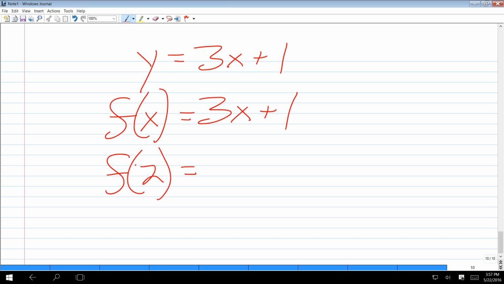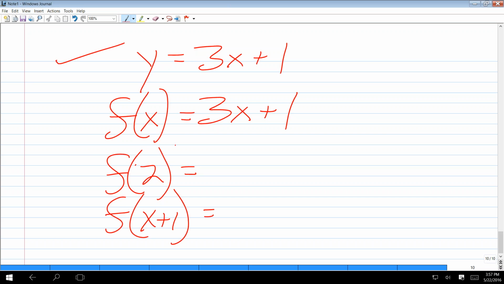What is f of 2? 7. What's f of x plus 1? 3x plus 3, so 3x plus 4. Yeah. Notice that I can't do that if I'm using y notation.